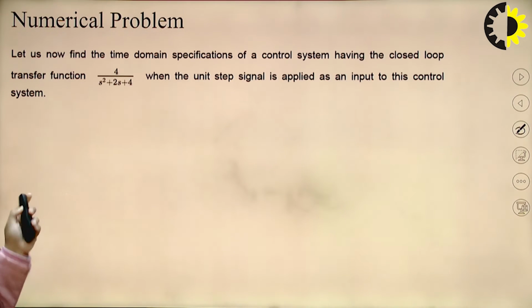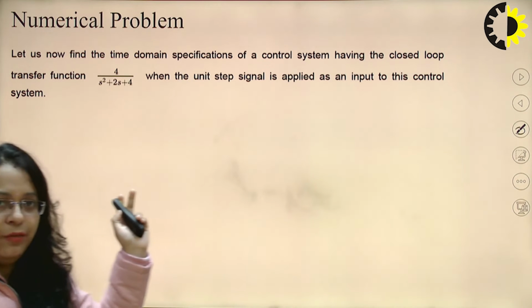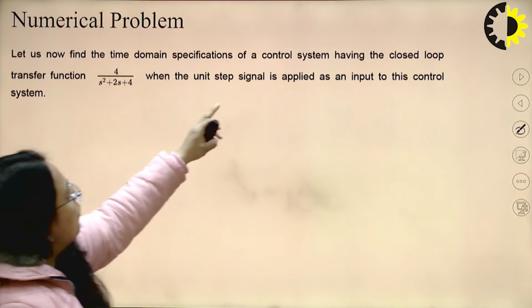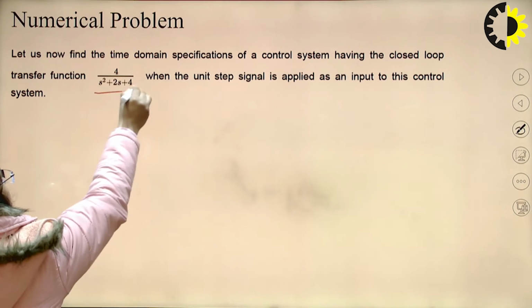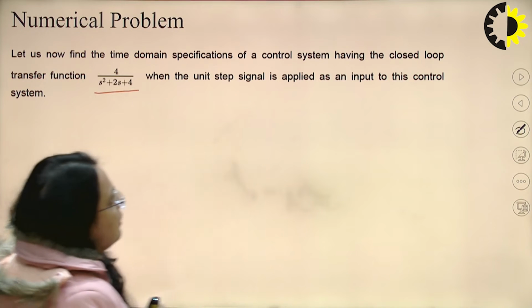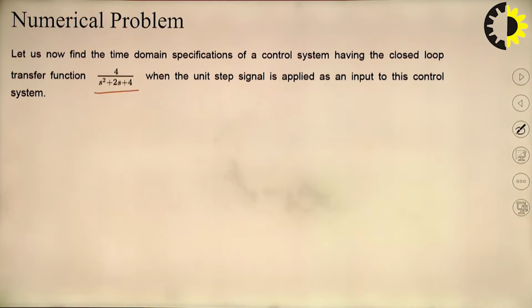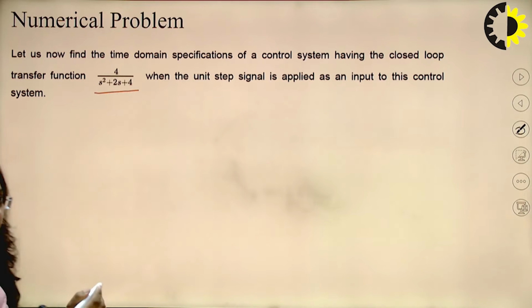Now coming to the next problem, here we have to find the time domain specifications of the closed loop control system which has the transfer function 4 upon s square plus 2s plus 4, when a unit step signal is applied as input. So what were the time domain specifications that I discussed in the previous lecture?